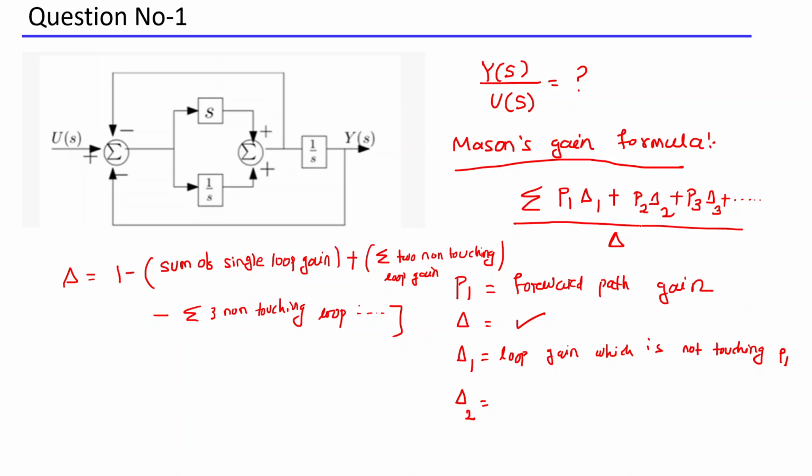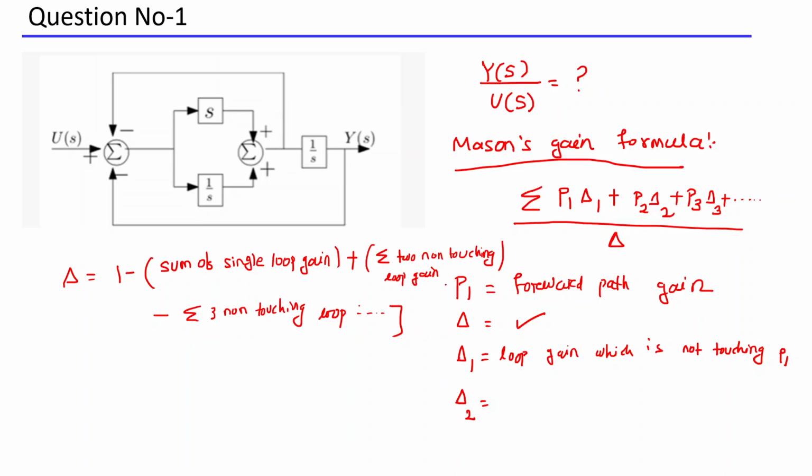Delta 2 is the loop gain of the loops which are not touching the second forward path P2. It can touch P1, it can touch P3, but it will not touch the P2 forward path. Like that.